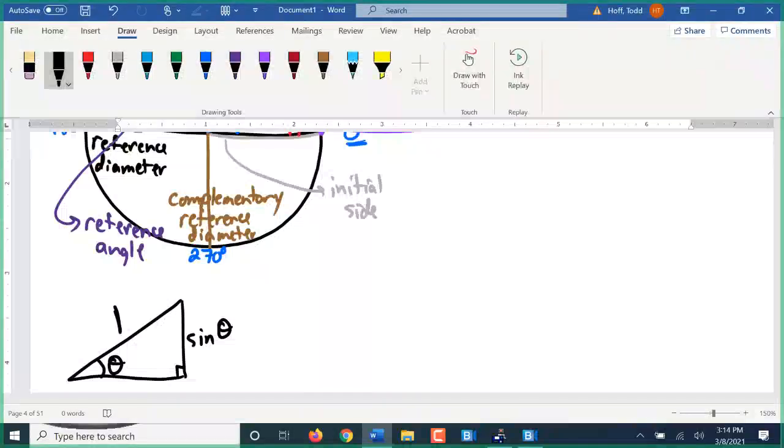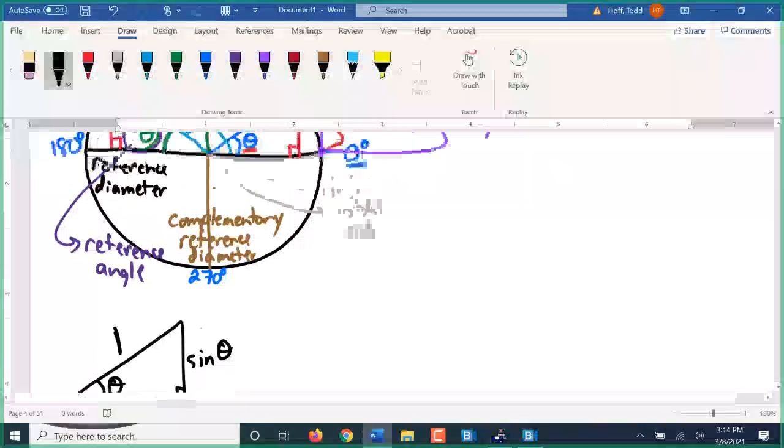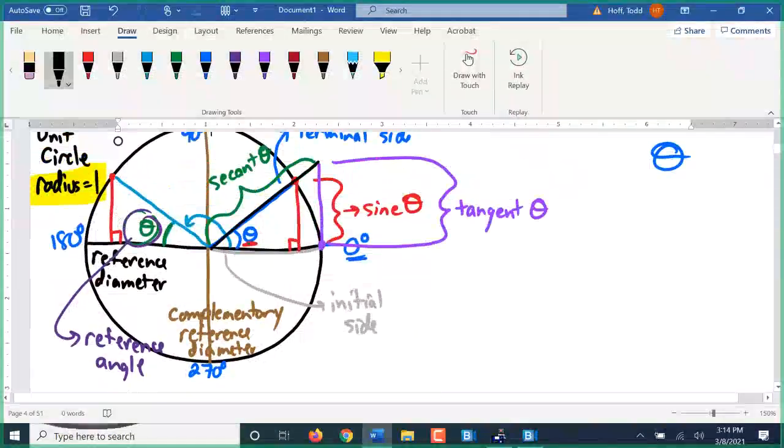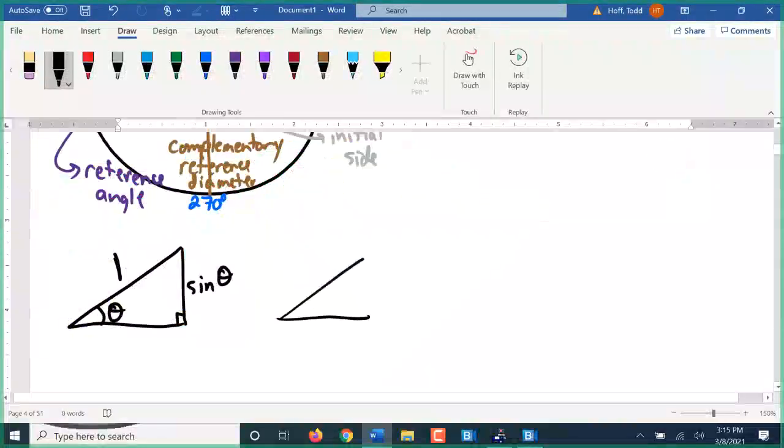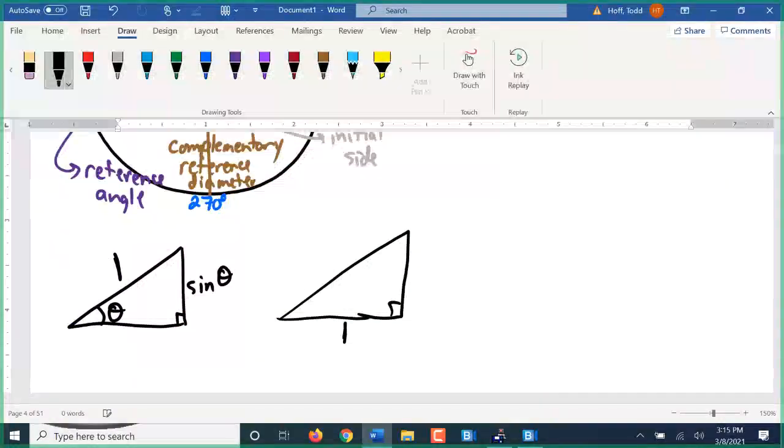And we'll talk about what the other side is in just a minute. The bigger triangle created, this one here, the bottom side is our radius, which is 1. This side was the tangent of our angle, and this was our secant, right?